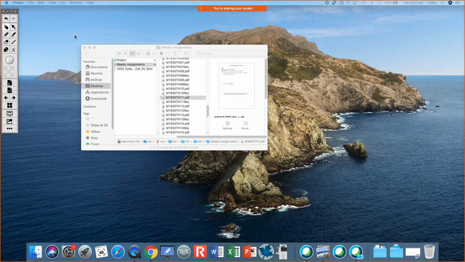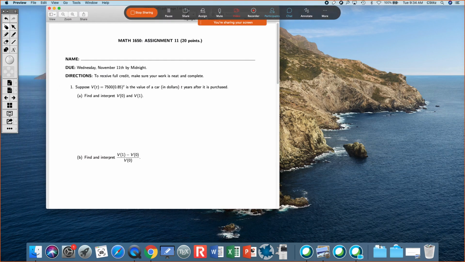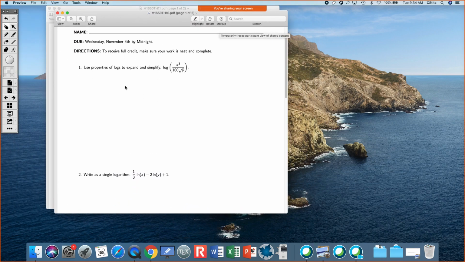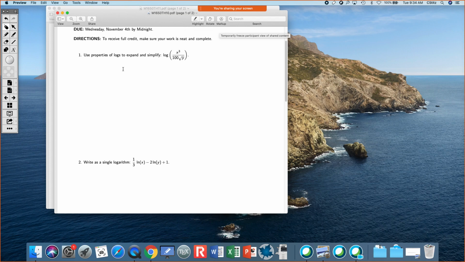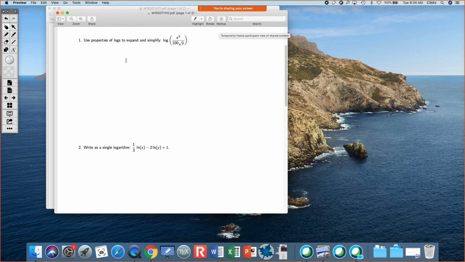Let's take a look at these. So take-home 10, yeah, we did look at this, I think, last week. So this is going back to last Tuesday, a week ago, properties of logs. This is section 6.3, both number 1 and number 2.